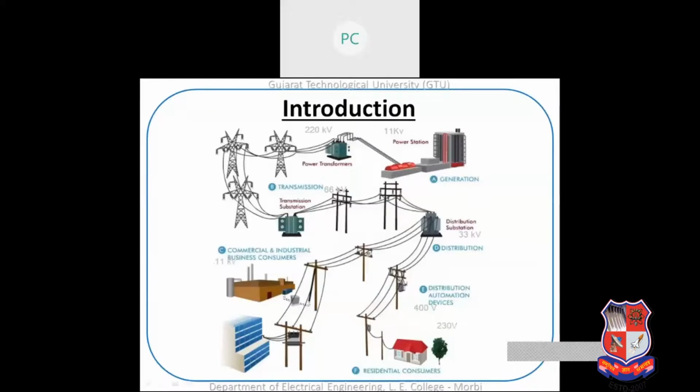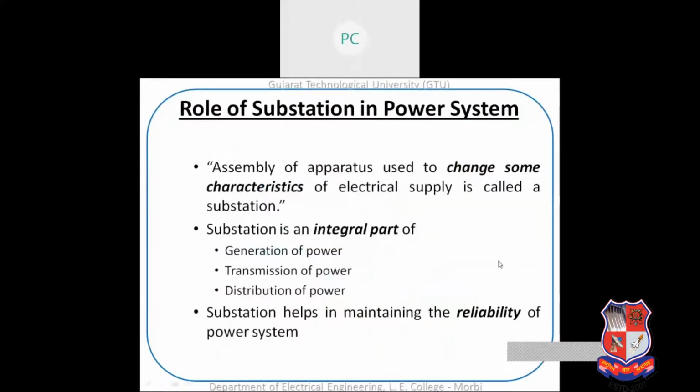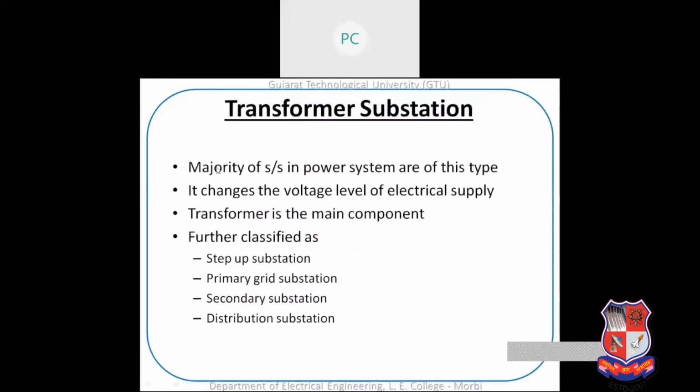So basically, in most of the places we need to change the voltage level. That's why the majority of substations in the power system are transformer substations, where we are changing the voltage level of the electrical supply. And hence, as we know, the main component of the substation will be the transformer substation.